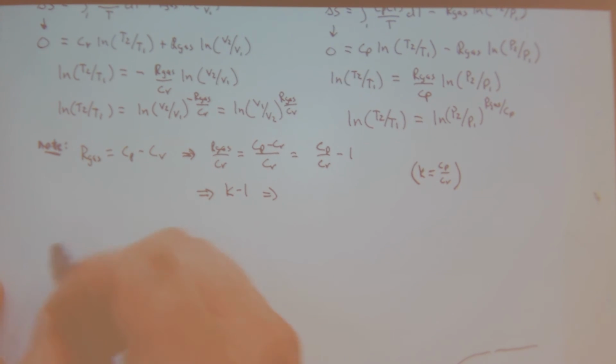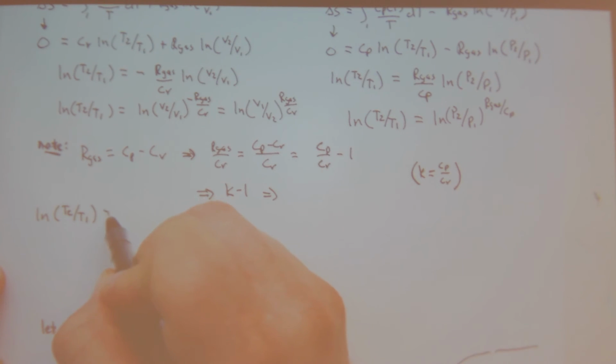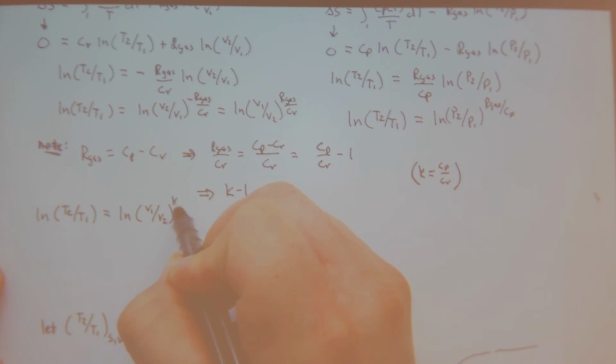So I can again go back up here. I have the natural log of T2 over T1 equals this. But now I've rewritten this in terms of K minus 1, which equals the natural log of V1 over V2, K minus 1.